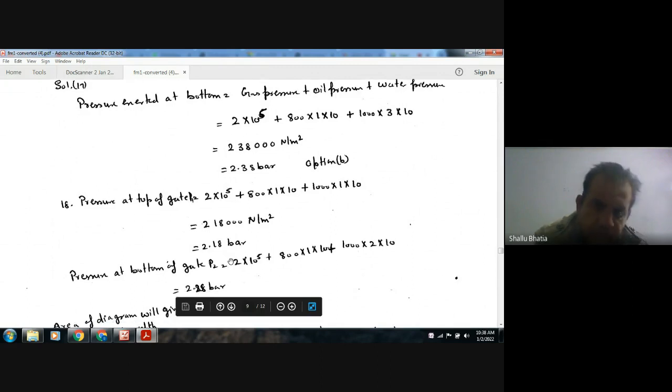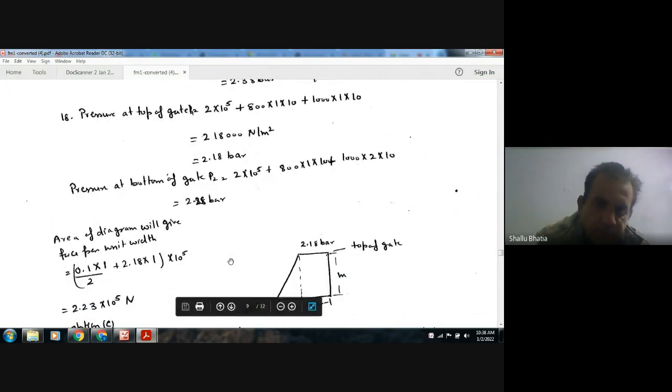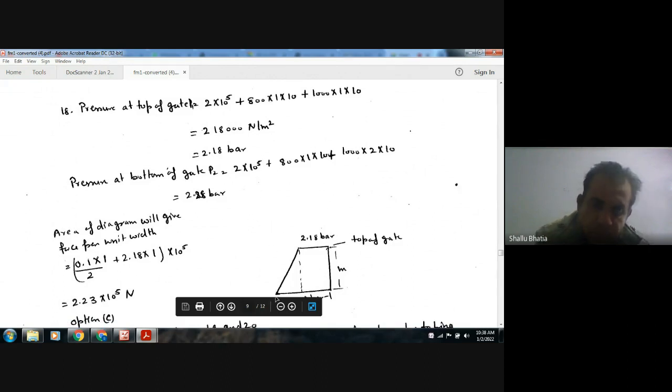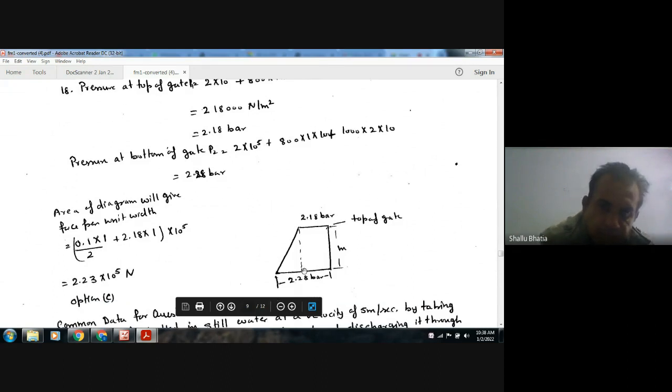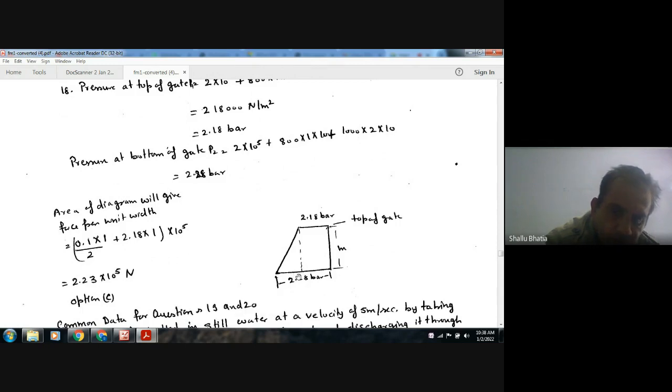And the pressure on the bottom of the gate: at the top it is 2.18. As there is water below it, up to the bottom of the gate, the pressure will increase linearly. So this will be rho g h, and h is the width of the gate.